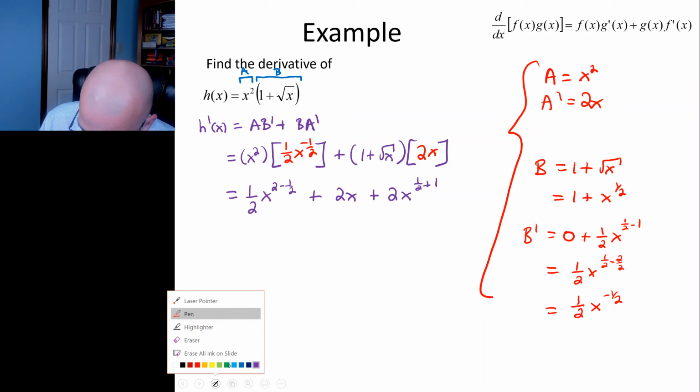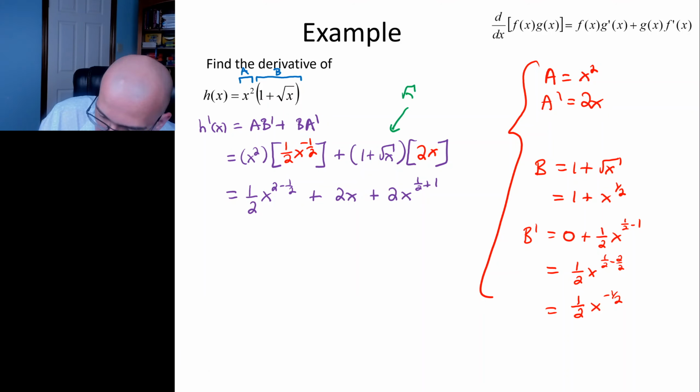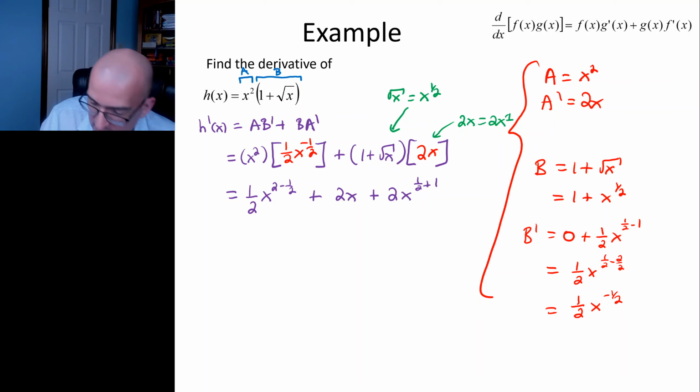Root x is equal to x to the 1/2, and 2x is the same thing as 2x to the power of 1. I'm going to make that a little bit neater. Square root of x is the same thing as x to the 1/2.